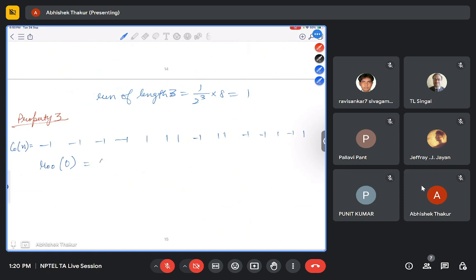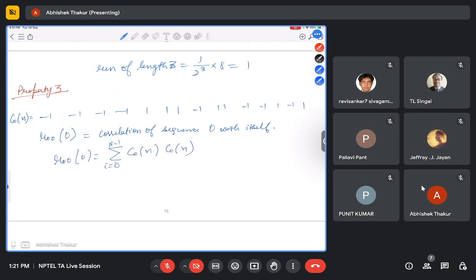So this formula is summation C naught of n into C naught of n, with i equal to 0 to n minus 1, and 1 by n.